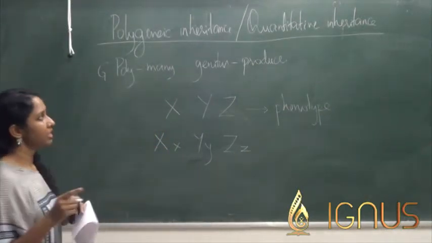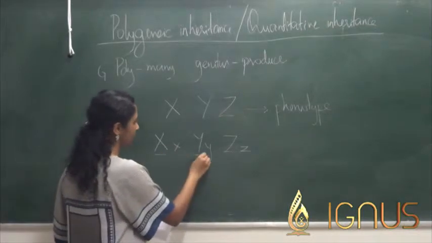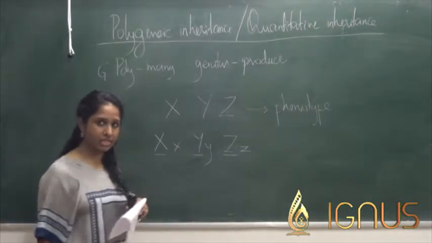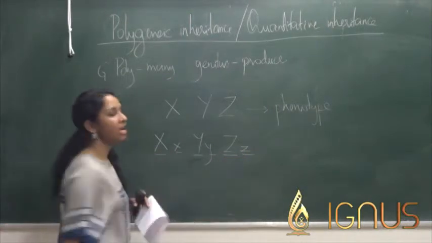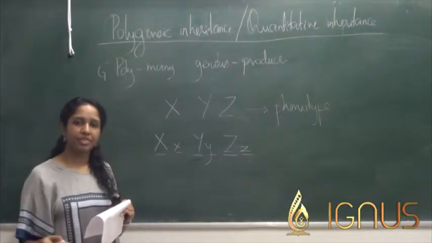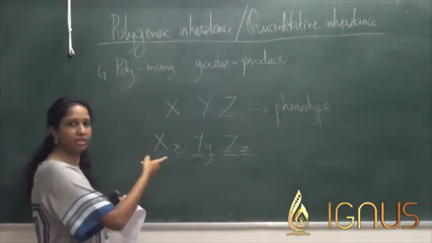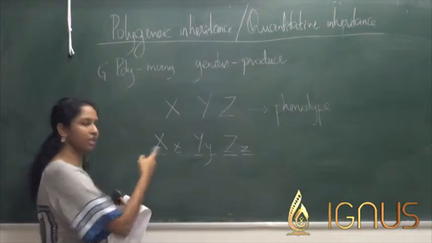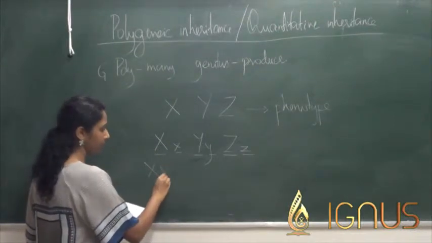Now it's a quantitative inheritance, meaning that depending on how many dominant genes are present or how many recessive genes are present, it is going to give rise to different phenotypes, meaning this gene need not have a heterozygous dominant allele, it can be homozygous dominant.